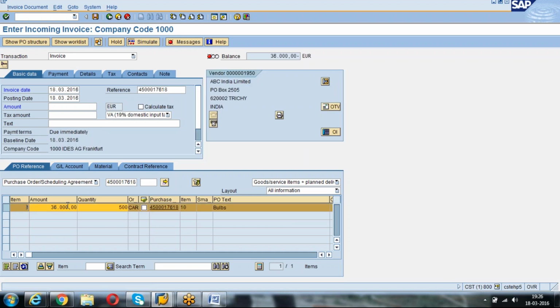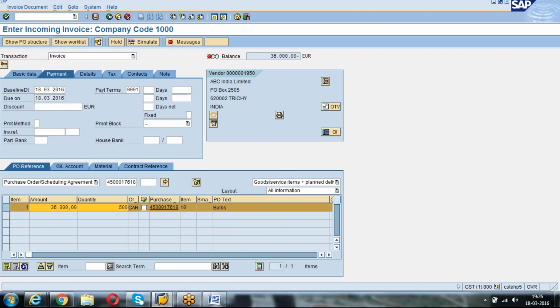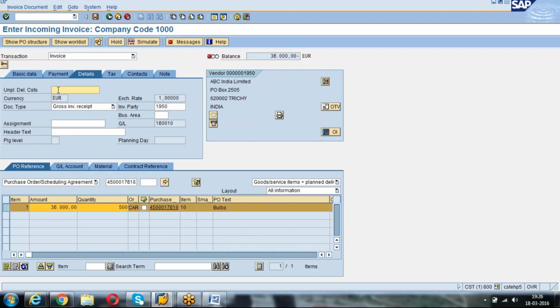The system will copy the details as per the goods receipt, because in the goods receipt we have taken 500 quantity. The same 500 quantity you have received here, and you are going to invoice for that. Here in payment you have to give the baseline date, and in delivery cost you can enter any unplanned delivery cost.